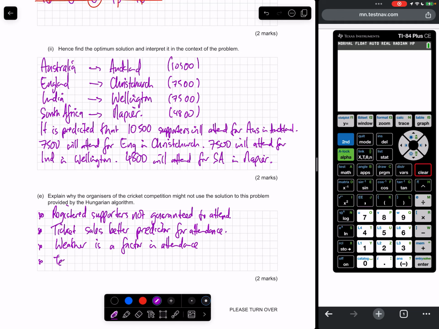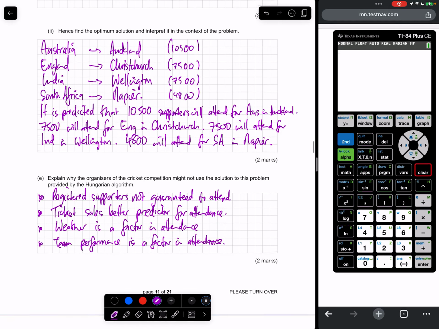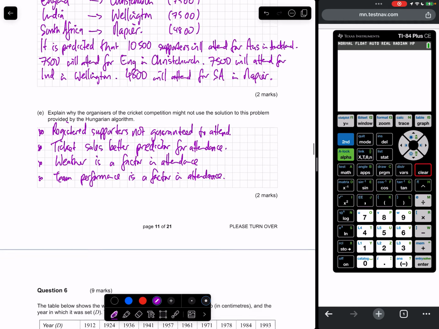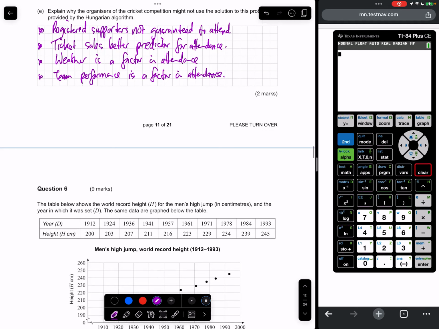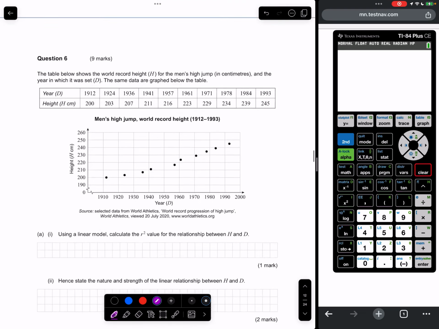Team performance is a factor in attendance. No one wants to come and see their team suck really badly, okay? So, a few options there. You need 2 marks, so make 2 points, okay? That is page 11 of 21 done.